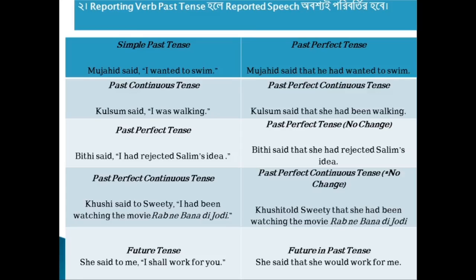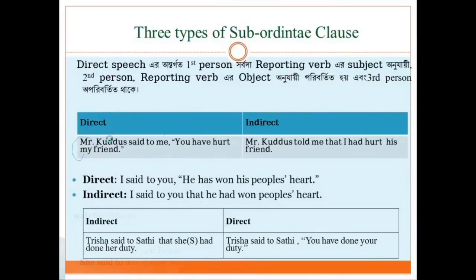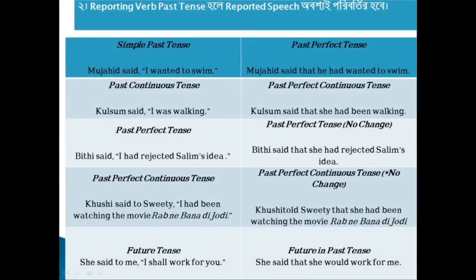If it is past perfect tense in direct speech, it will be the same past perfect tense. There will be no change in indirect speech. And if it is past perfect continuous tense, there is also no change. It will remain the same, past perfect continuous tense.